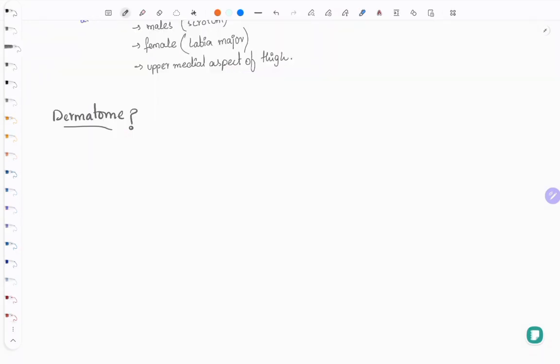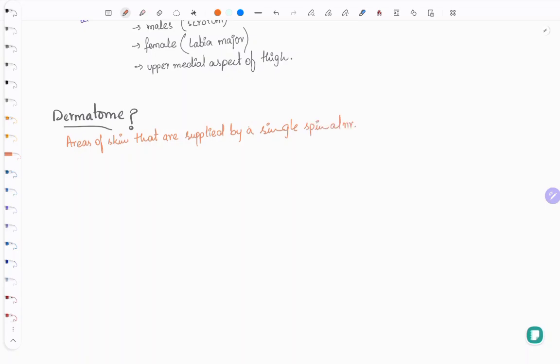Now let's talk about the concept of the dermatome. The dermatomes are the areas of skin that are supplied by a single spinal nerve.